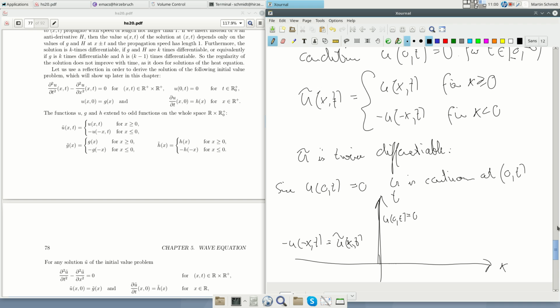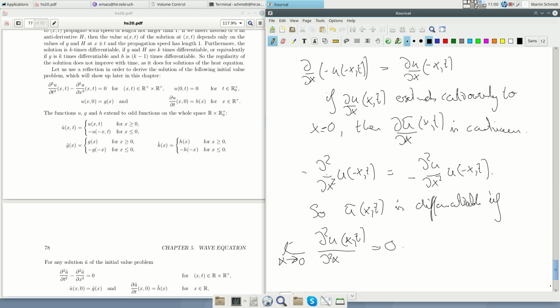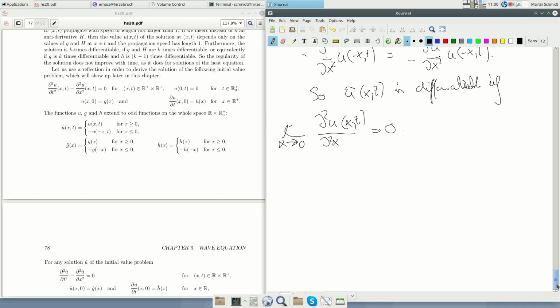So we need this. The t derivative of course doesn't change, and for the t derivatives we already have that u of 0,t is 0.